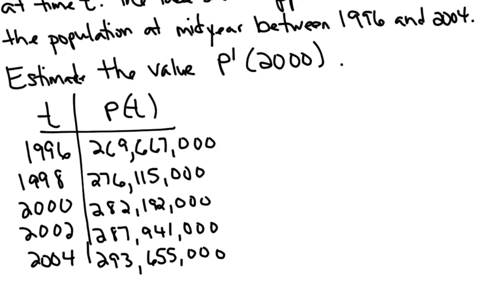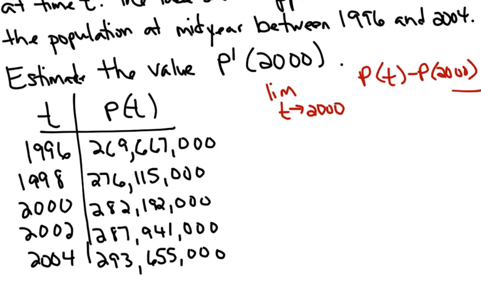Because the function is P instead of F, we're going to find the limit as our time approaches 2000, because that's our A value, of P of t minus P of 2000 divided by t minus 2000. So whichever function name they give you, that's what you're going to use. That's why in the previous problem we used h. In this one we're using p.